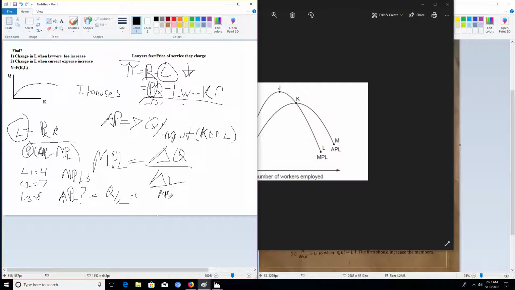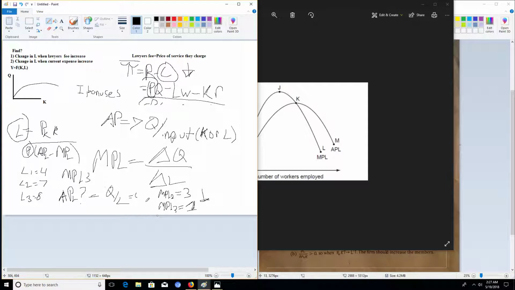MPL of 2 was 3, but MPL of 3 is only 1. It fell. Output increased by 1, but the rate at which it increased fell, right? There was a drop. And so this would make average product fall.